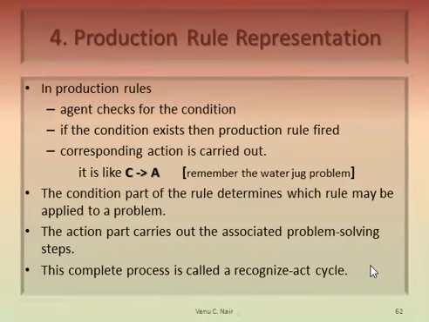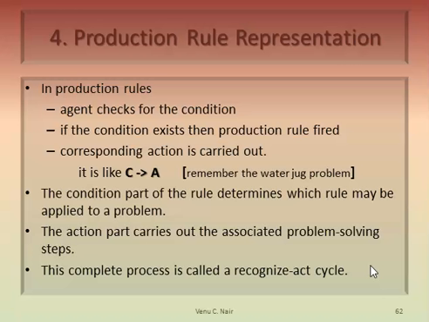In production rules, an agent checks for the condition. If the condition exists, then the production rule is fired. The process of selecting a production rule is known as firing the rules.